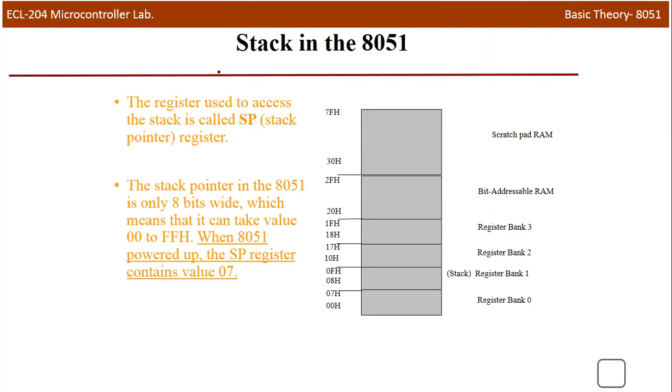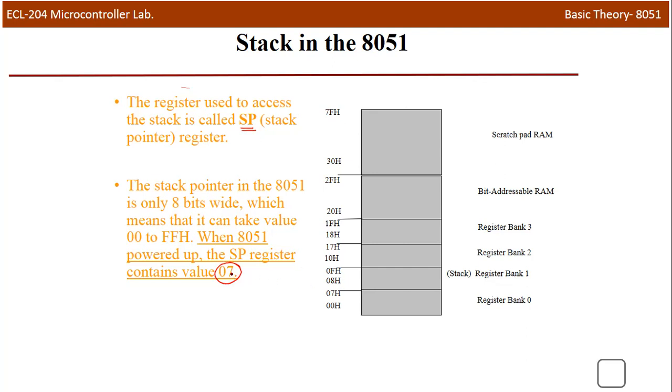One more point we will discuss is the stack memory concept. In microcontroller programming, the stack is also very important, so you should know the term SP. It is a special function register in the SFR. SP indicates the starting location of the stack. When you switch on or reset the 8051 microcontroller, the initial value in the stack pointer is 07, which means the stack memory starts from 08 onwards.